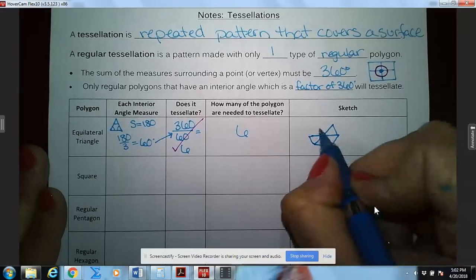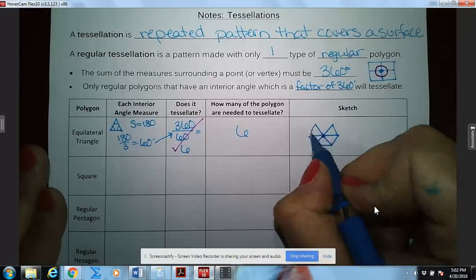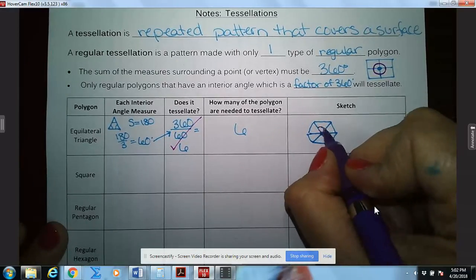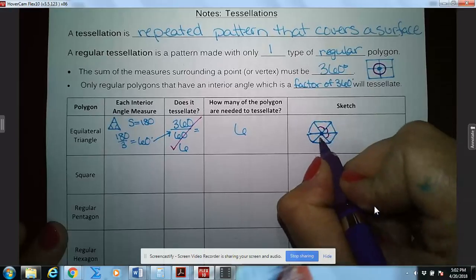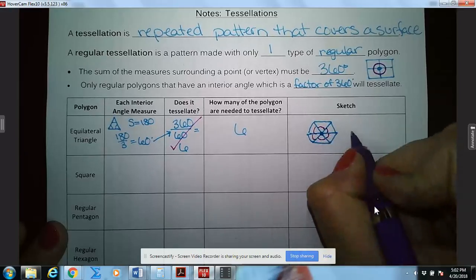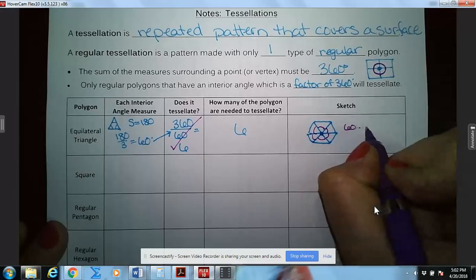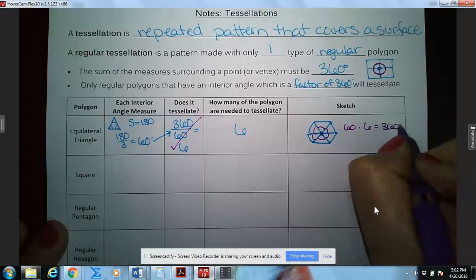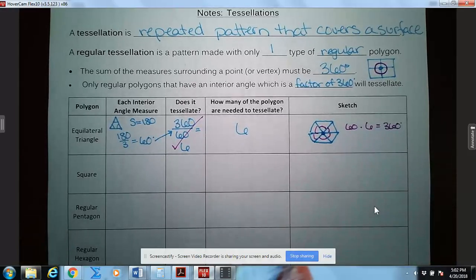Another triangle, and there's a third one. There we go. It's just a sketch. But if each of these angles all the way around is 60 degrees, 60 times all 6 triangles that are there is 360 degrees. So it does tessellate.